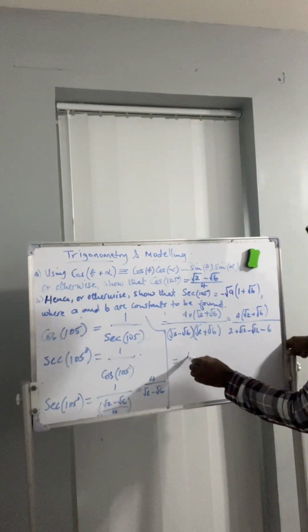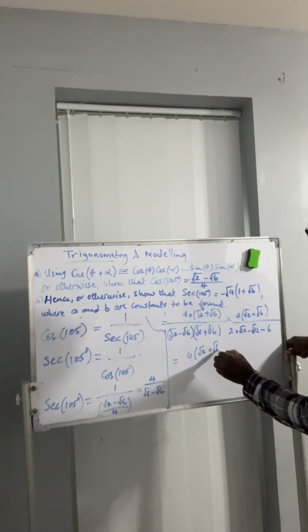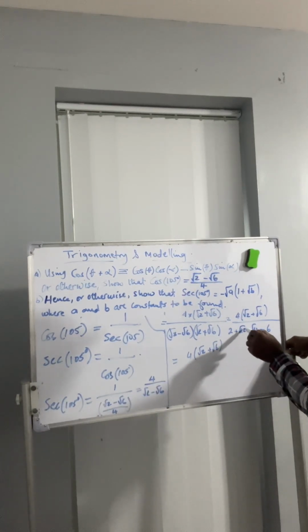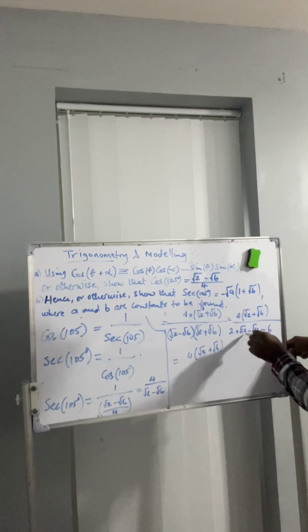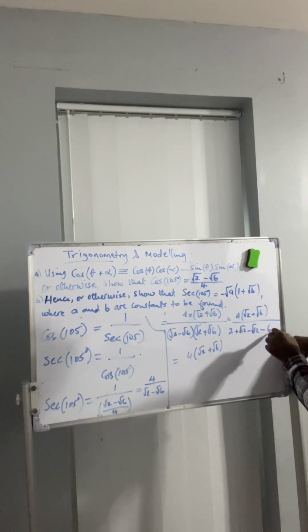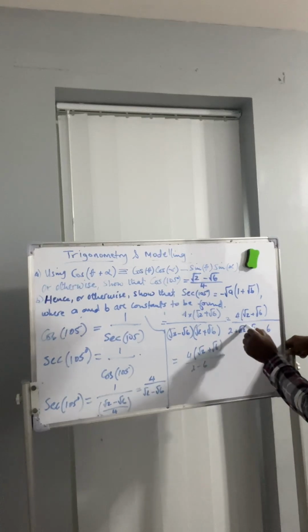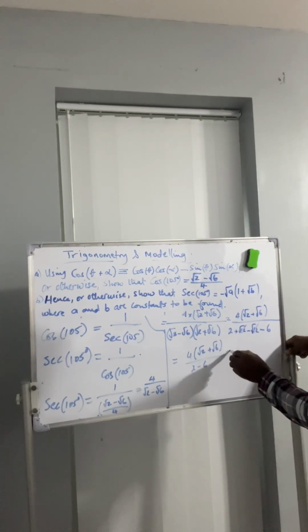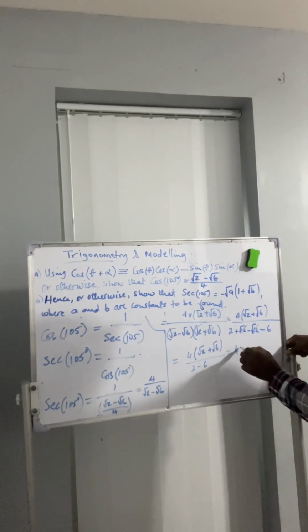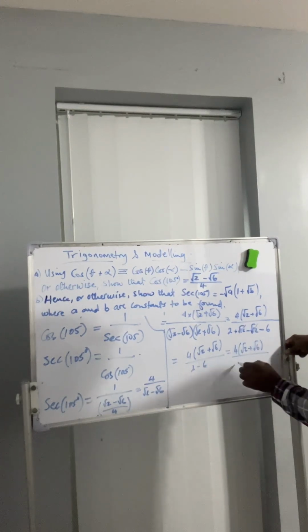So you still have your 4 root 2 plus root 6 all over. You can see that root 12 minus root 12, they will cancel. So what you get here, you'll have 2 minus 6 at the bottom. This will give you 4 root 2 plus root 6 all over minus 4.